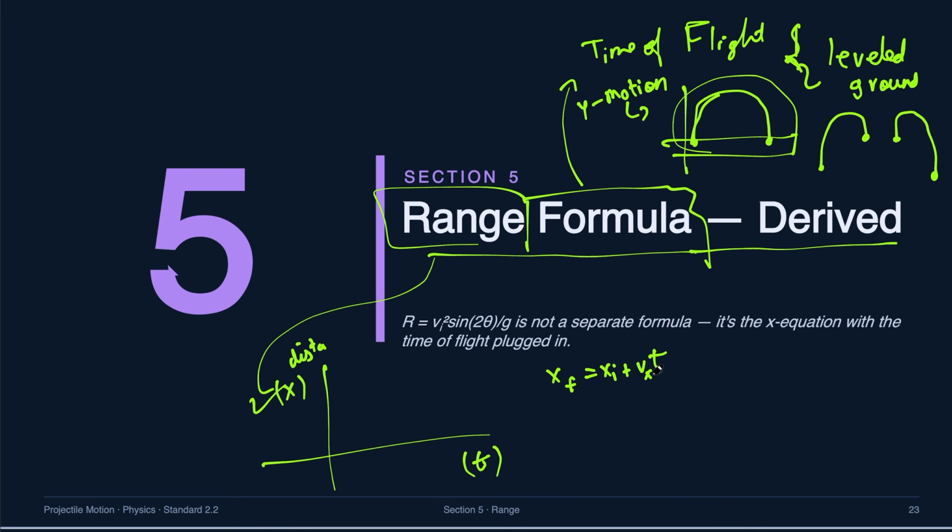This could be vx initial or vx final. It doesn't really matter, because for x they're both the same, because the velocity stays constant. So it looks like a linear graph, plus vxt, and the slope would be vx, which makes sense.